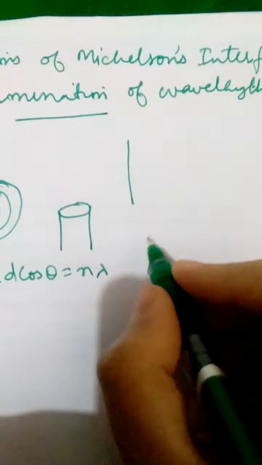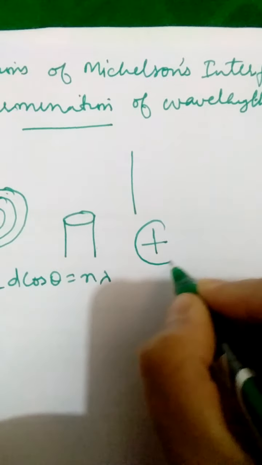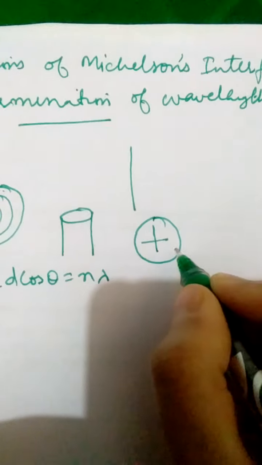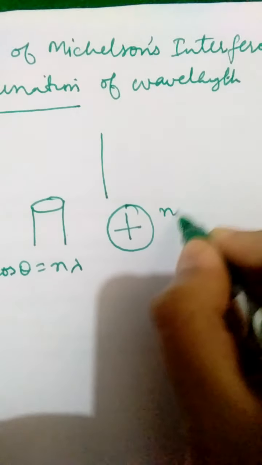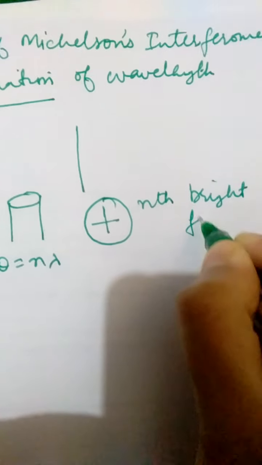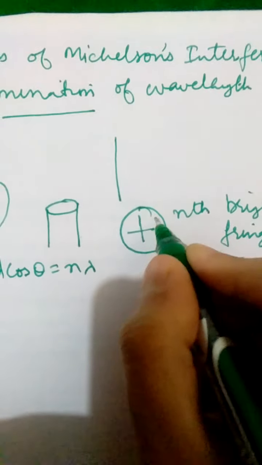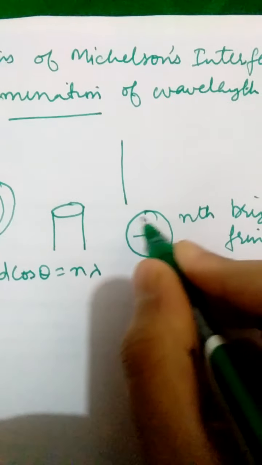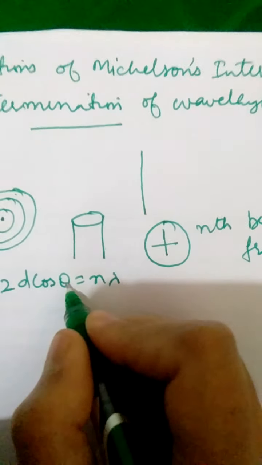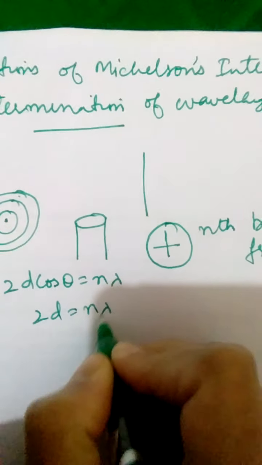At the center of the crosswire of this telescope, you choose to focus any nth bright fringe. Since you are placing it at the center of the crosswire of the telescope, theta is 0. So cos 0 is 1. We are left with 2d is equal to n lambda only.